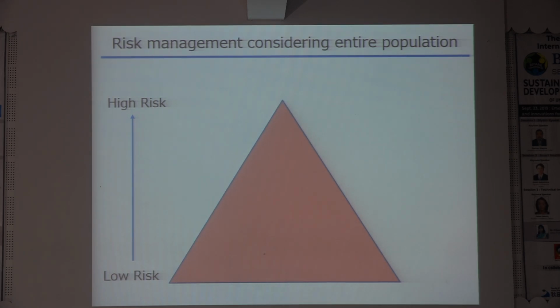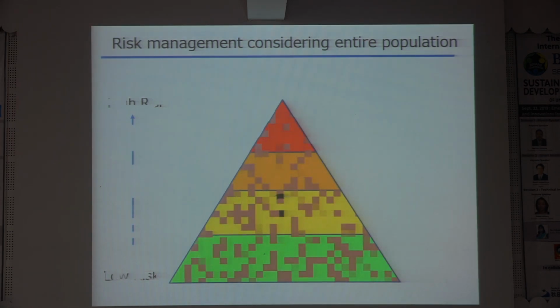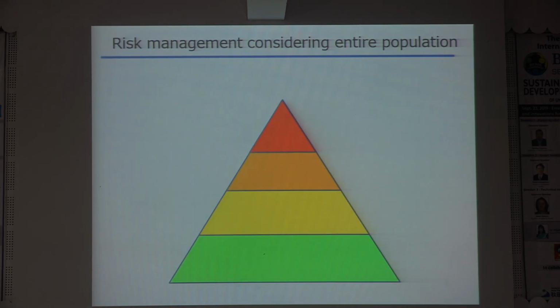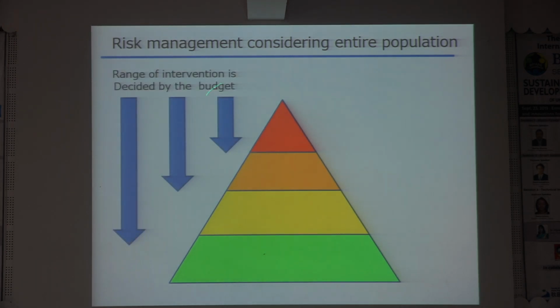But the contents are unknown before the first step of population management. The first step is to know the risk level, the first evaluation, and then we divide into 3 to 4 risk groups, high risk, low risk. And then we can make intervention according to the budget.